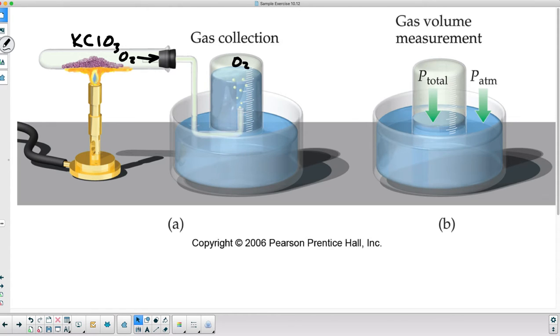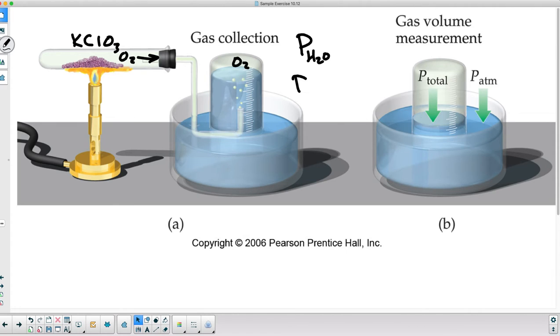The reason you would collect gas over water is so that there would be no chance for other gas to get in. The only thing you have to account for is the pressure from the water vapor that evaporates from the surface of the water inside the beaker.